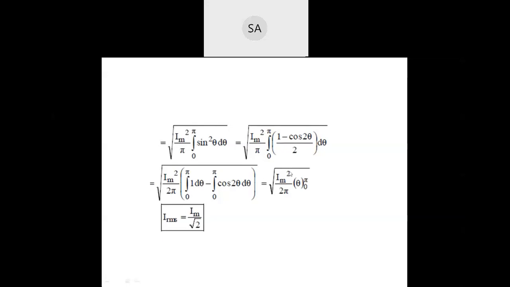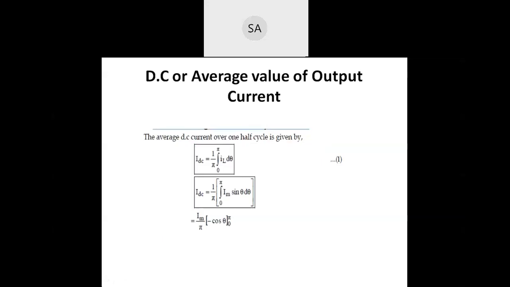So you get Im square by 2 pi times pi, and pi will cancel. You will get Im by root 2. Whereas for the half wave rectifier, we got IRMS equal to Im by 2. But for the full wave rectifier, we are getting Im by root 2.